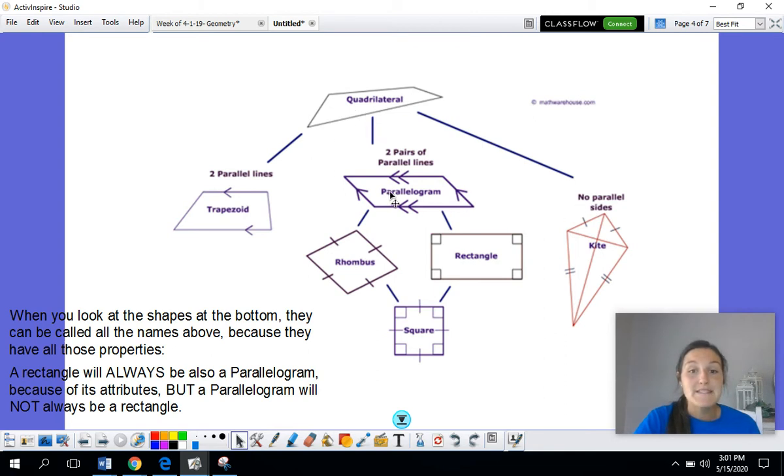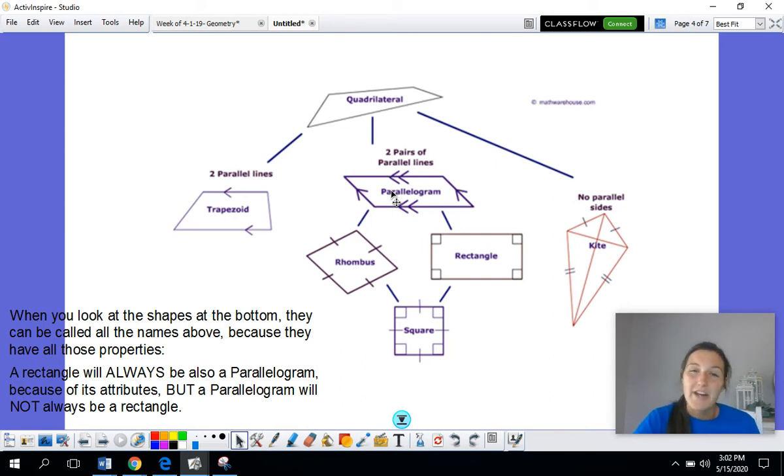And then based on the definitions of trapezoid, parallelogram, and kite, I could go into further subcategories, okay? The one that has the most that goes underneath of it is parallelogram, because that has 2 sets of parallel lines. There's lots of quadrilaterals that have that, which is why it can also be called a parallelogram.